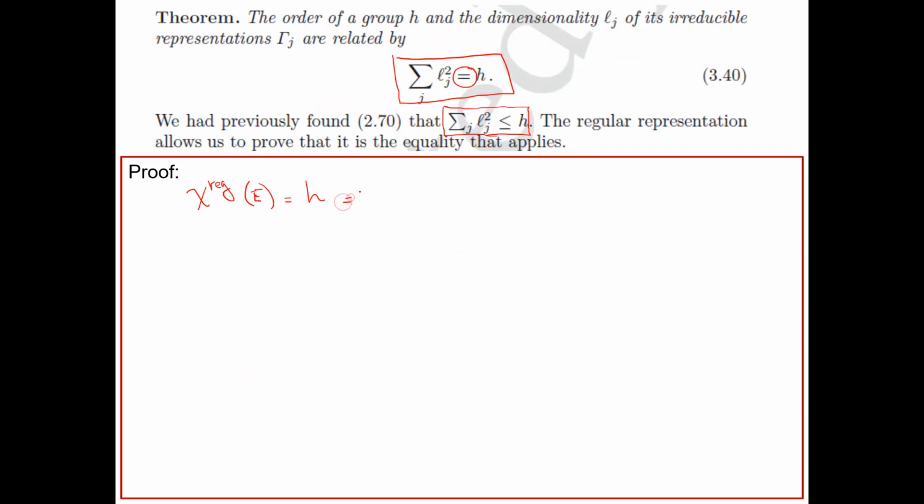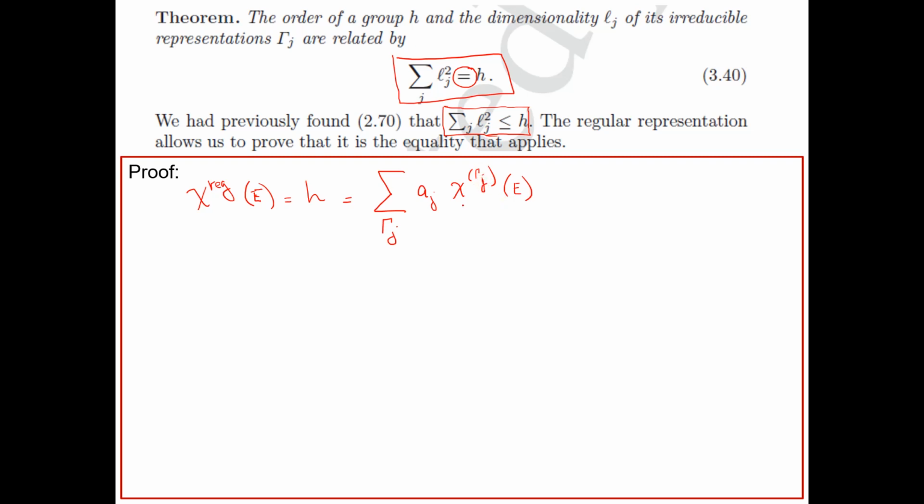So this is equal to the sum over all irreducible representations gamma j, the coefficients aj, and then the characters corresponding to the same symmetry operation identity, but now the characters of the representation gamma j.